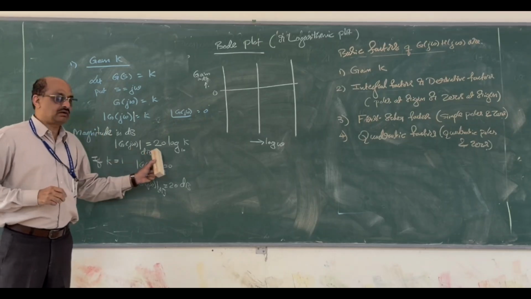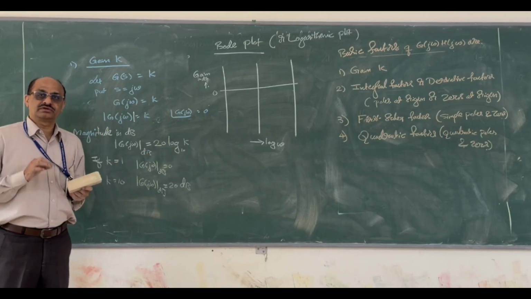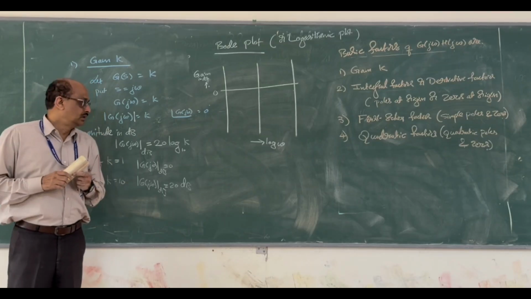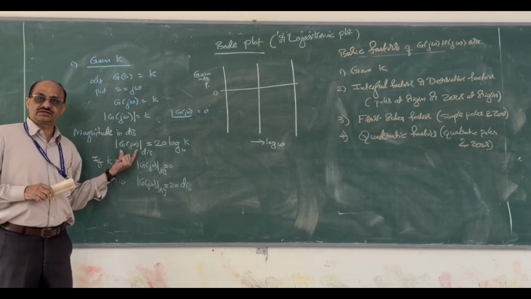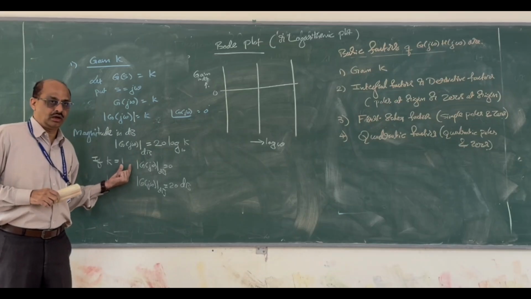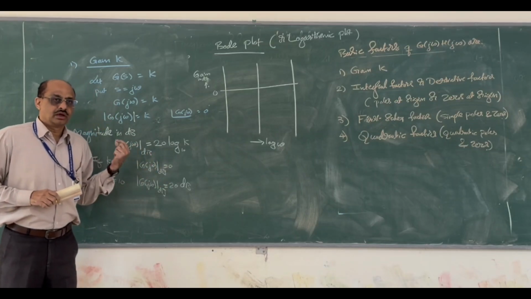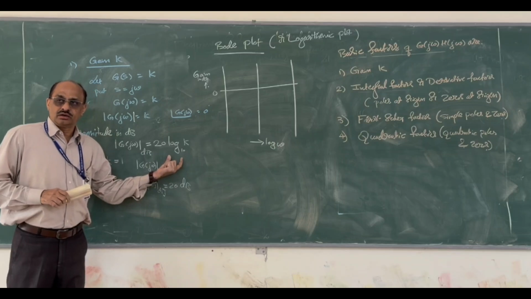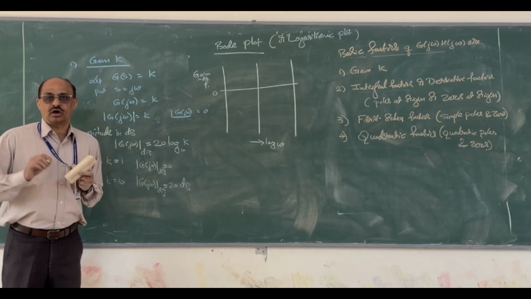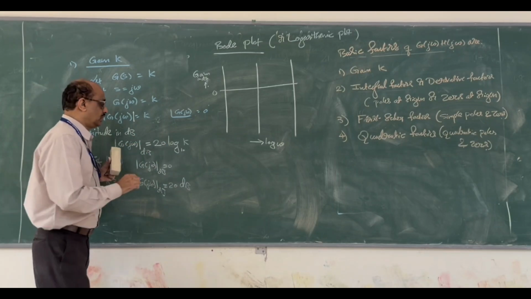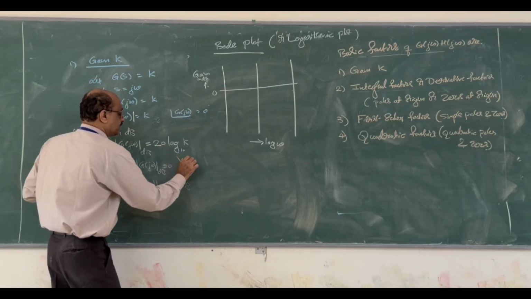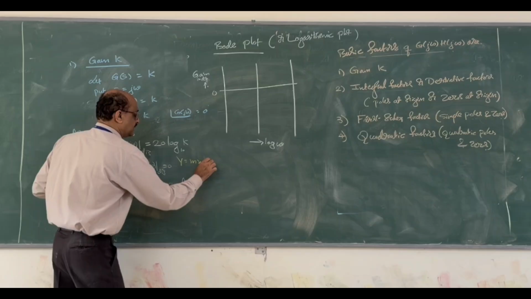What is the slope of this one? Slope of this is very important. If I differentiate this with respect to log omega, it gives you the slope. Log omega is very much similar to your x, so this is in the form of y equal to mx plus c.